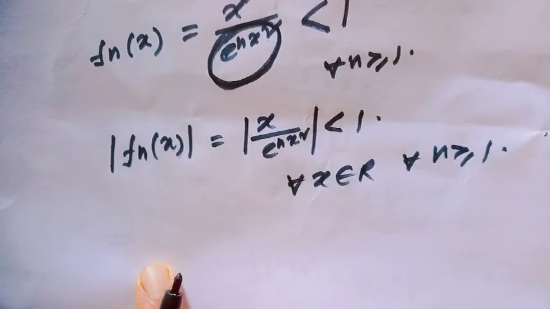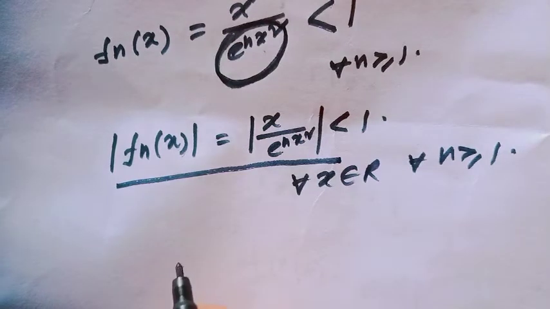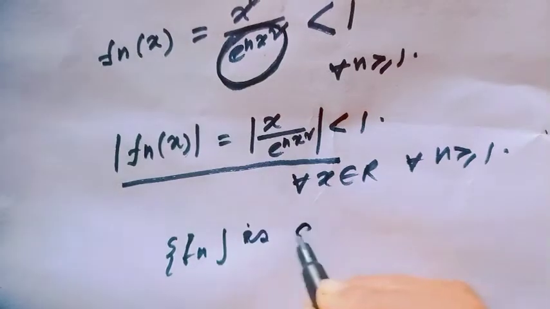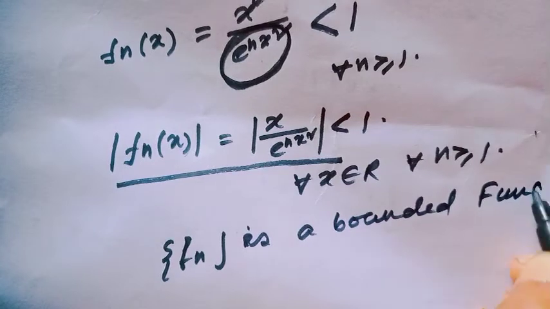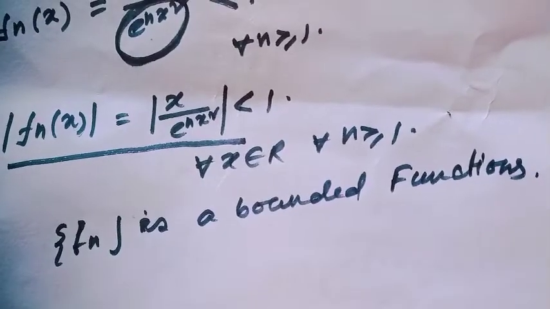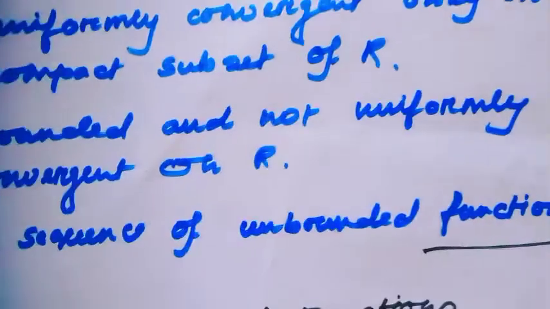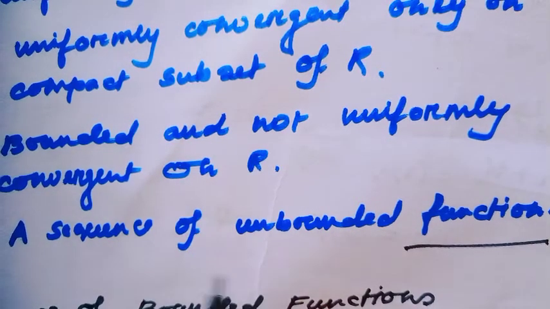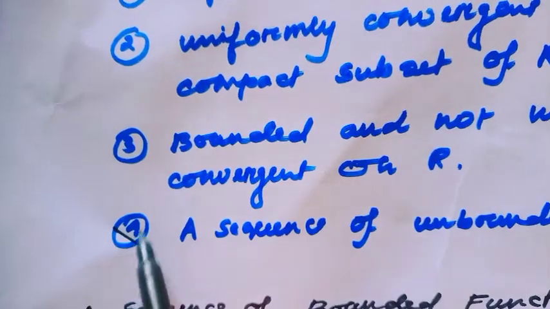That means, by this relation, the sequence fn is obviously bounded. Okay, are you getting? Well, that means option 4 is a wrong option, because option 4 indicates this is a sequence of unbounded functions.